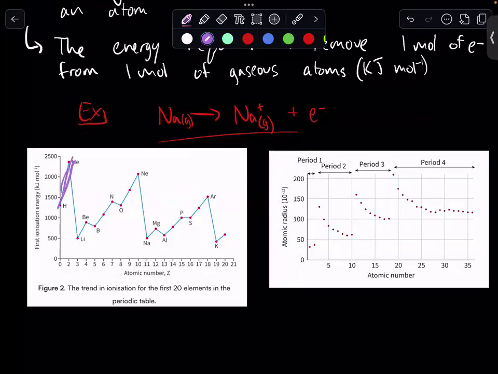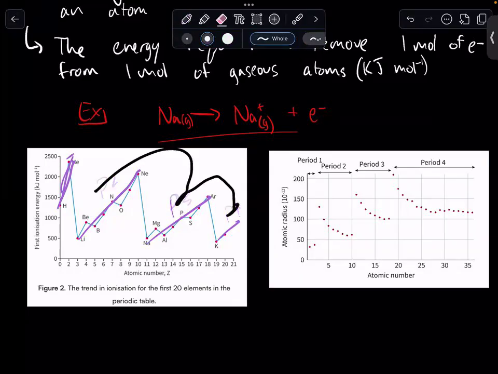We go up, then we go up, then we go up, and you can assume it goes up. This is period 1, this is period 2, this is period 3, period 4, or if you're more comfortable, we can talk about energy levels. This is n equals 1, n equals 2, n equals 3, n equals 4.